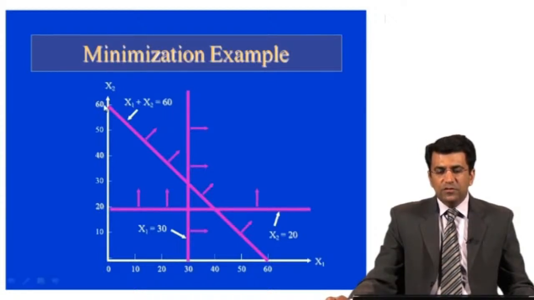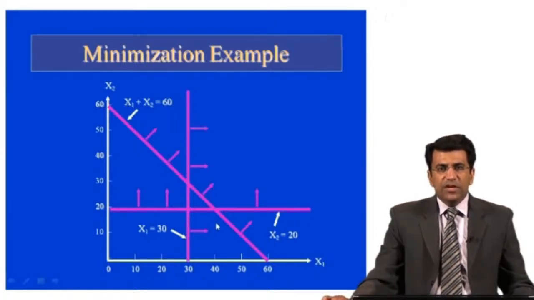So we will just link these two points in the form of a line, and this is our third constraint.